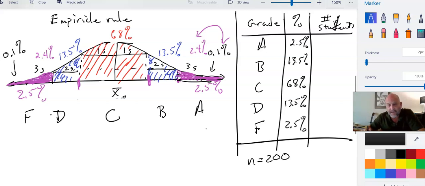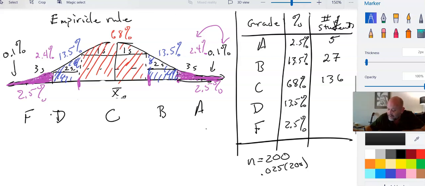So far, it doesn't seem so bad. But if I take 2.5% of 200, it's 0.025 times 200. What you end up with is 5. Here you get 27. And here, 136.